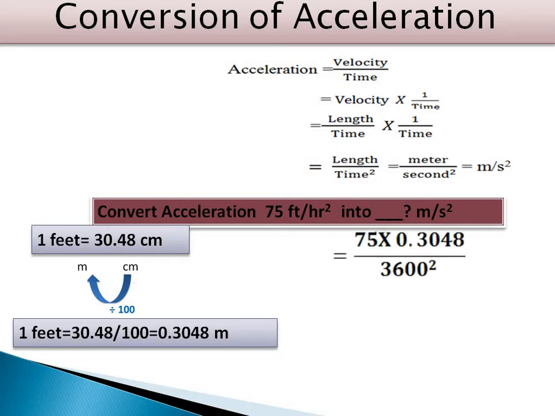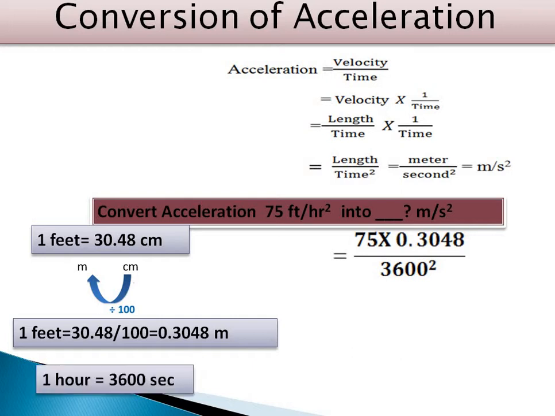So here we'll convert feet into meter and hour into second. We know that 1 hour is equal to 3600 seconds. So it can be written as 75 feet per hour square is equal to 75 into 0.3048 divided by 3600 bracket square.